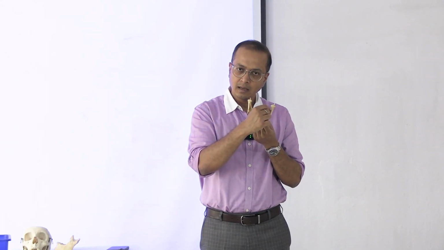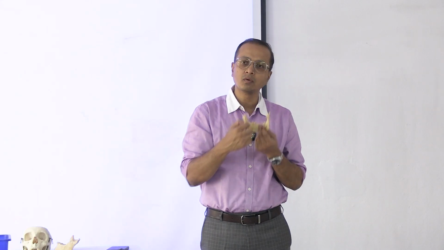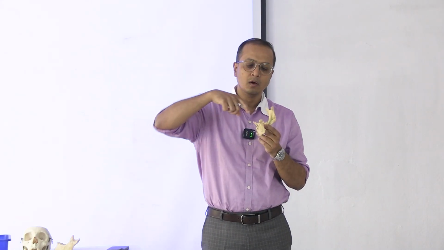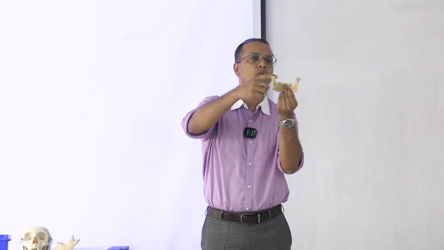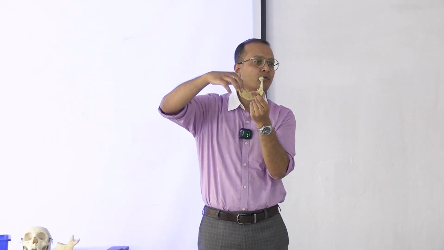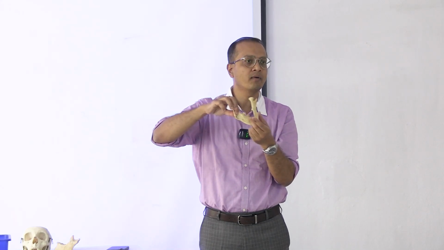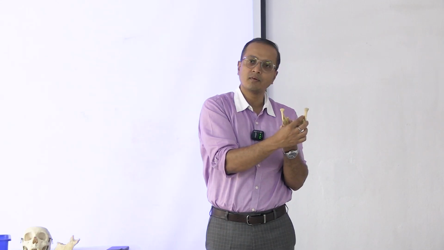It starts below the notch. What notch is there? The mandibular notch. Below the notch, we have a foramen, which we call the mandibular foramen. Where will we find this mandibular foramen? Where the ramus meets the body, at that angle, we have a foramen.